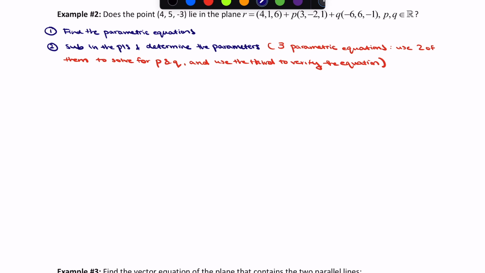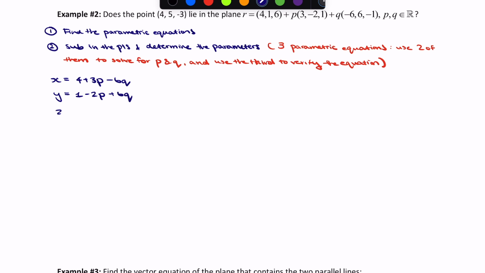Okay, so for our x component, we have x is equal to 4 plus 3p minus 6q. For the y component, we have y is equal to 1 minus 2p plus 6q.